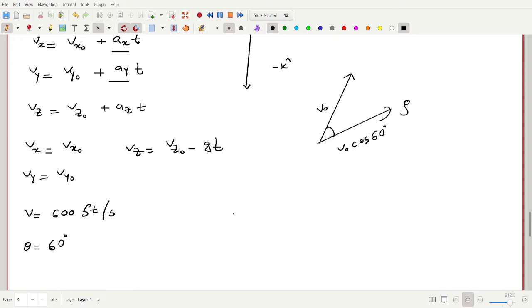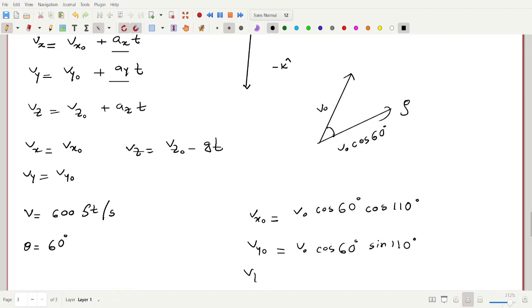So for x, Vx naught equals v naught cos 60 degrees and cos 110 degrees, and Vy naught equals v naught cos 60 degrees and sin 110 degrees, and Vz naught equals v naught sin 60 degrees.